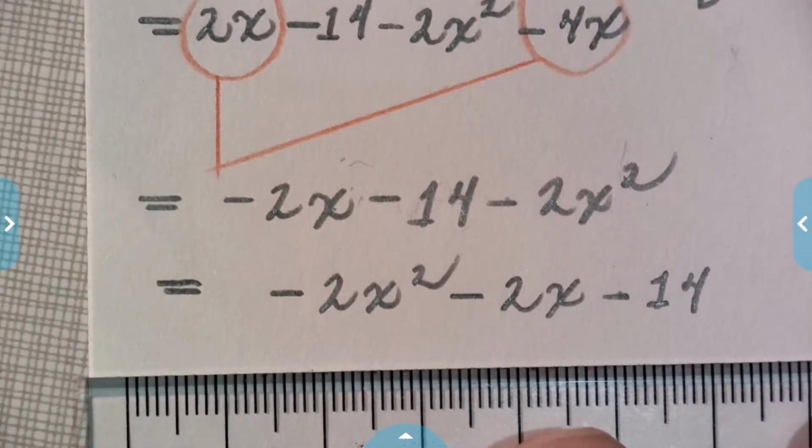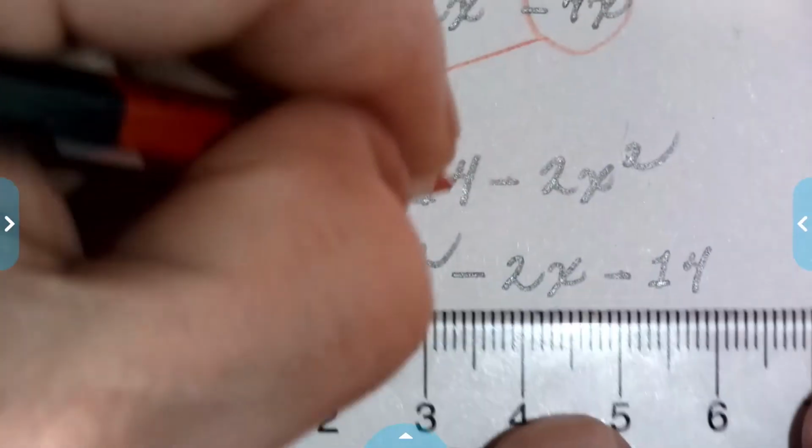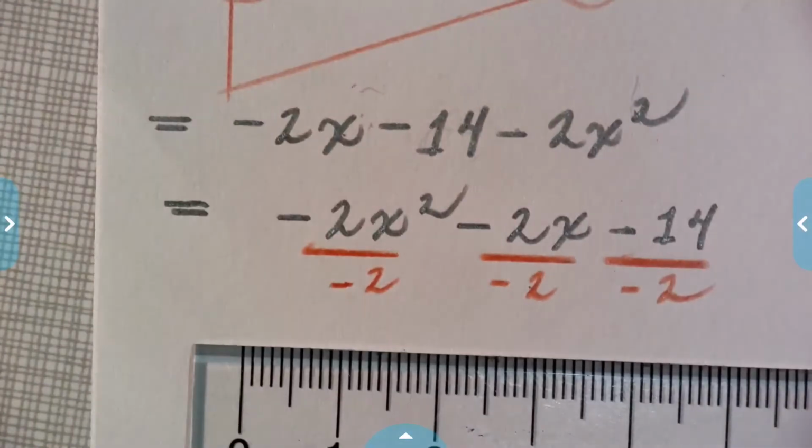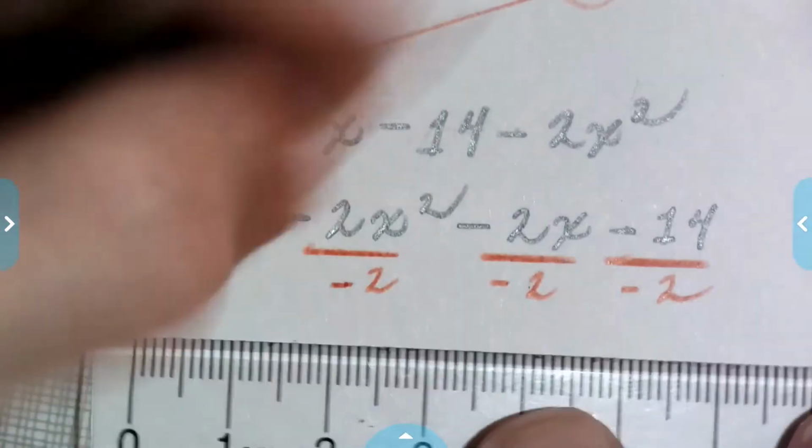You could divide every term by negative 2. And that would reduce this down more. It's like factoring out the greatest common factor, only put a negative sign in front of it.